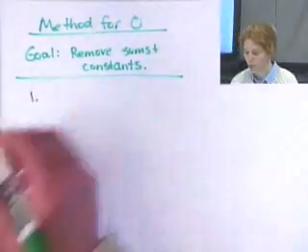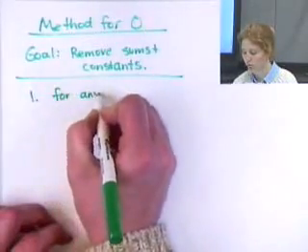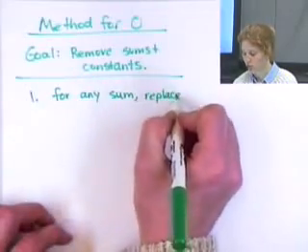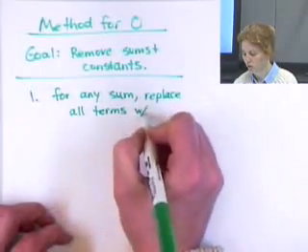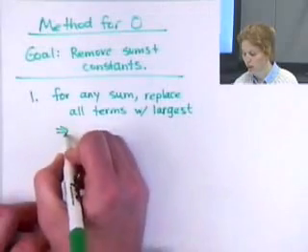So the first step is for any sum that you have, replace all terms with the largest. And this will give you your starting value.